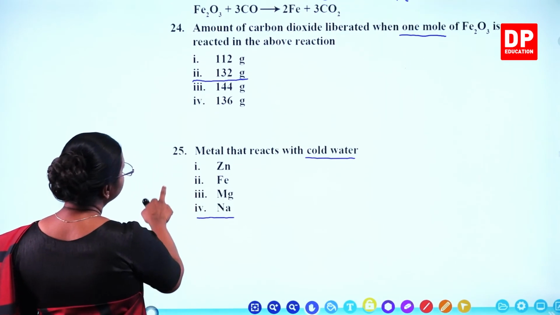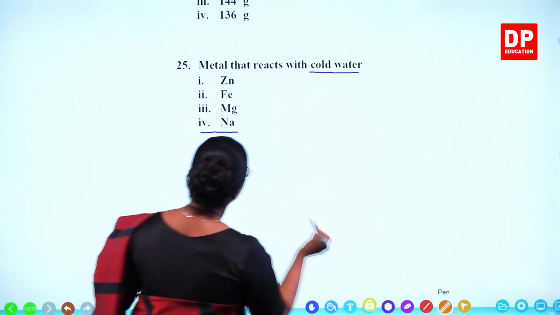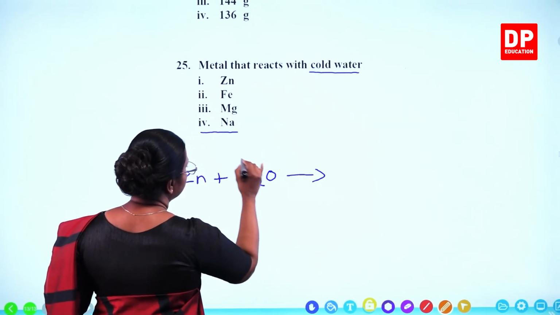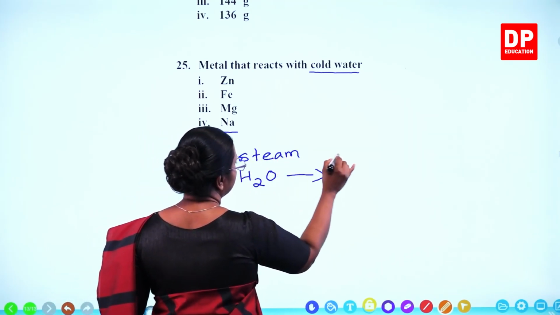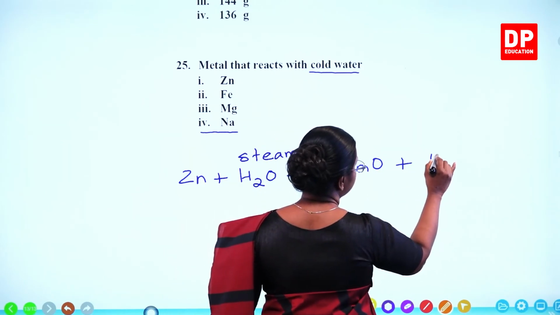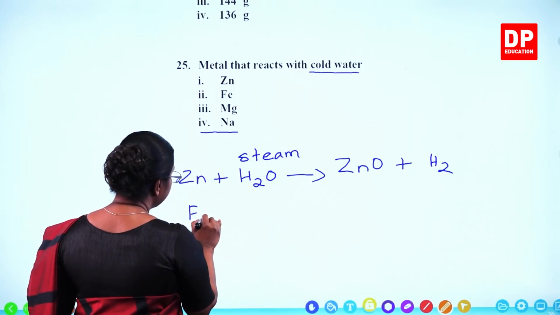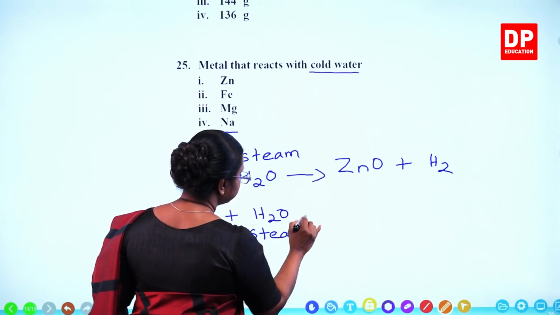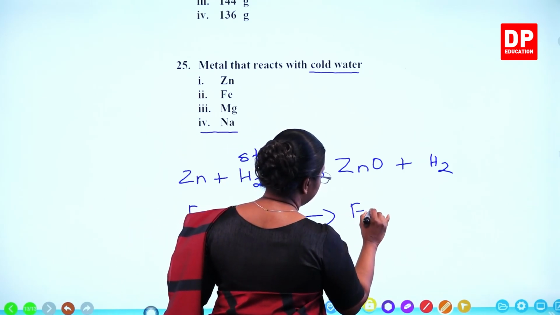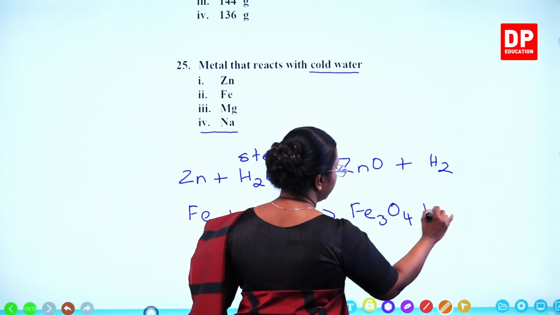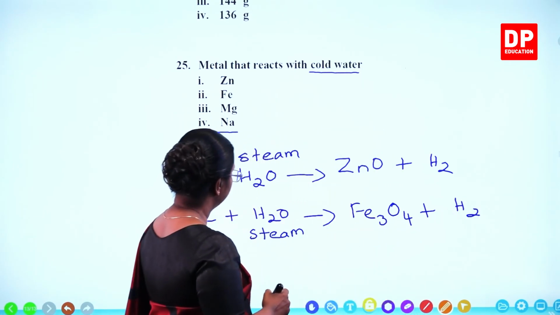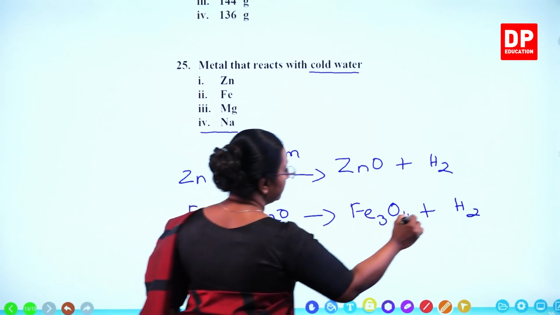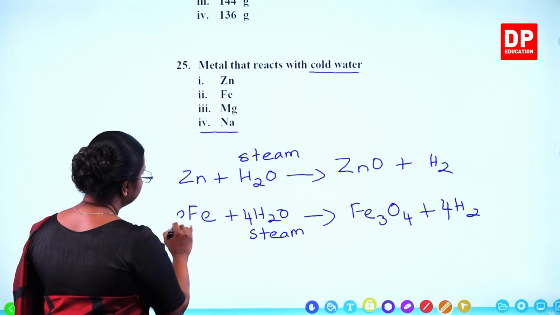If I write them down, zinc plus H2O, that is steam, you get zinc oxide plus H2. Whereas iron plus H2O, that is also steam, you get Fe3O4 plus H2. So here we need to balance the reaction. So we need to have 4 here, 4 here, and 3 there.